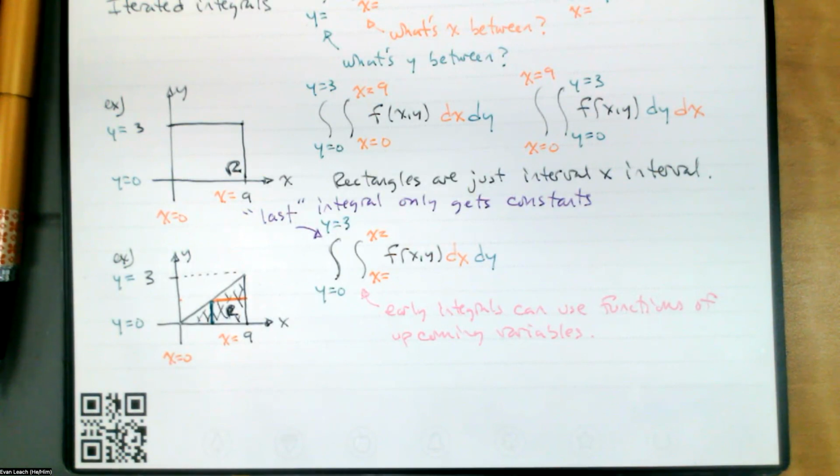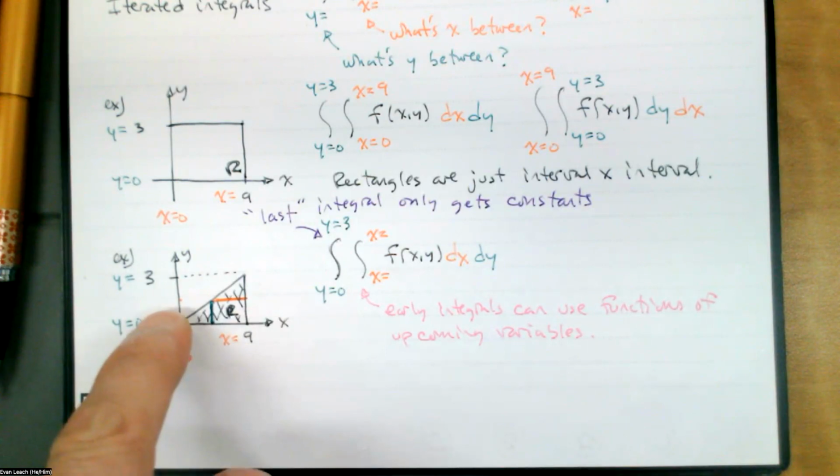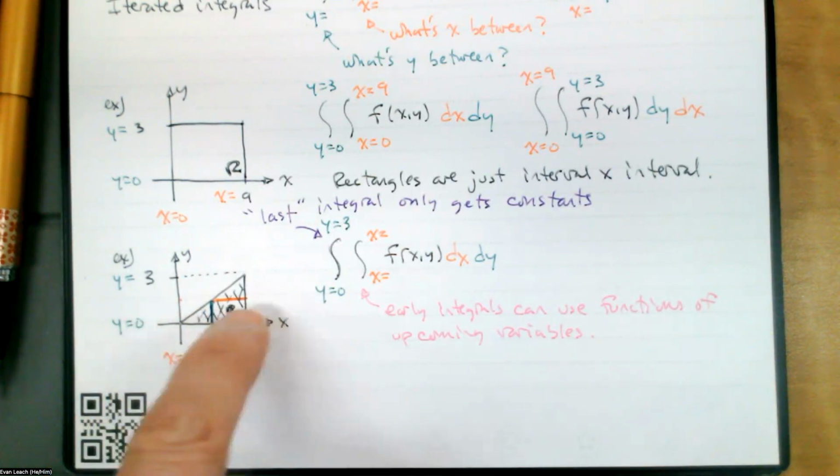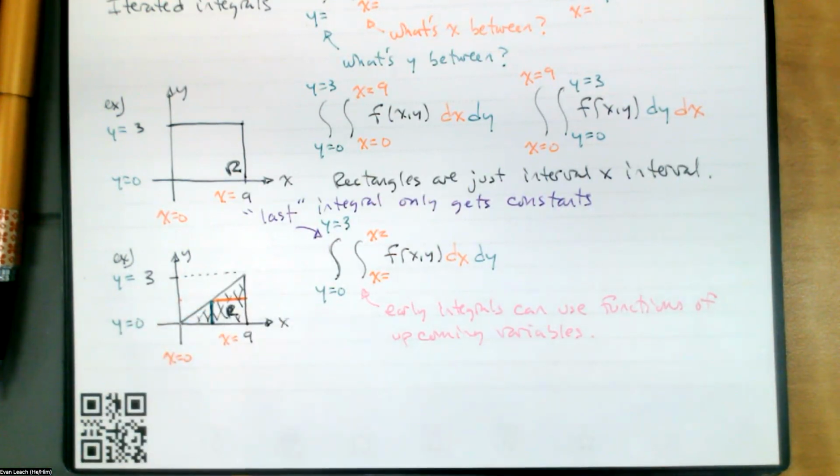When you're setting it up, do your outer integral first, because it has to be constant. Now, that's just based on the lowest y value and the highest y value we see. So it has to be constants. Now, for the x's, we have to decide for a given y value, what is x between? Because the question is still, what's x between?